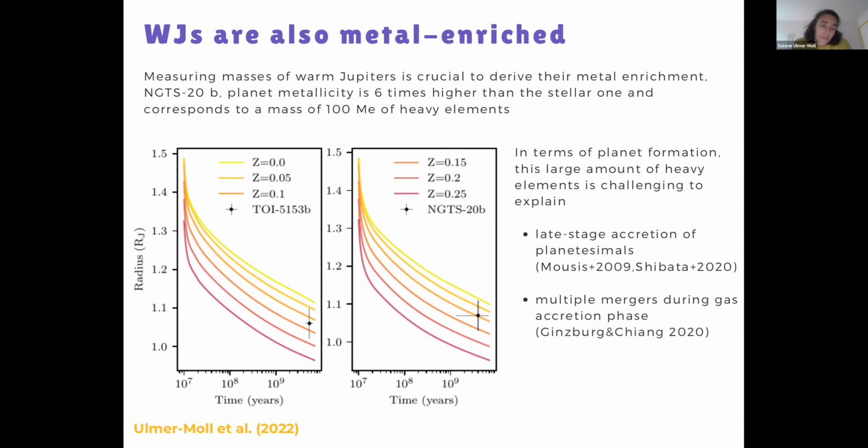And basically for that planet that I showed before, NGTS-20b, we were able to show that the planet metallicity is 6 times higher than the stellar one. And this corresponds to a mass of about 100 Earth masses of heavy elements. And actually, in terms of planet formation, this large amount of heavy elements is a bit challenging to explain. So there are different scenarios that can generate that amount of heavy elements, but it's still a subject of research.